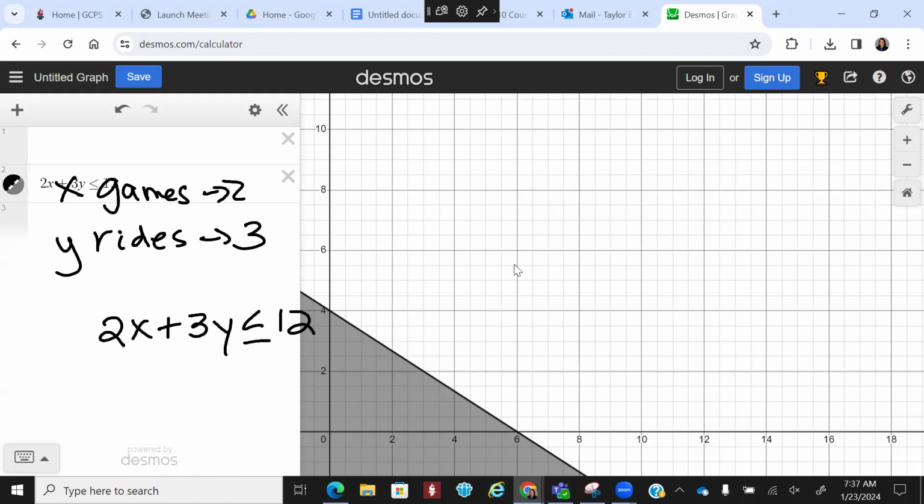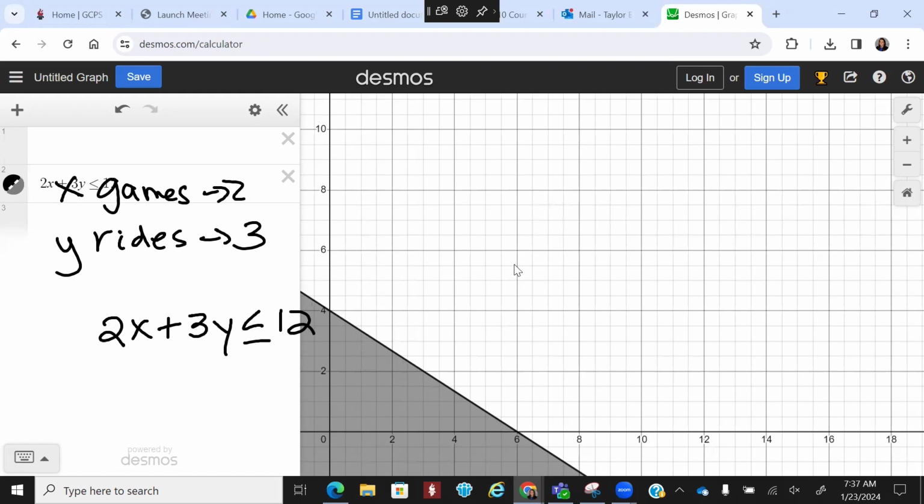Now, can you explain the reasoning behind that? Because it's inside that shaded region, or you could say that it fits the inequality. Okay. Now, again, on your test, it's going to be 2 inequalities. So you're going to write 2 different inequalities. Okay. This one didn't have 2 parts to it.